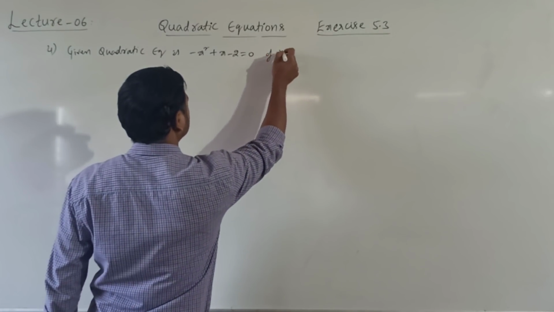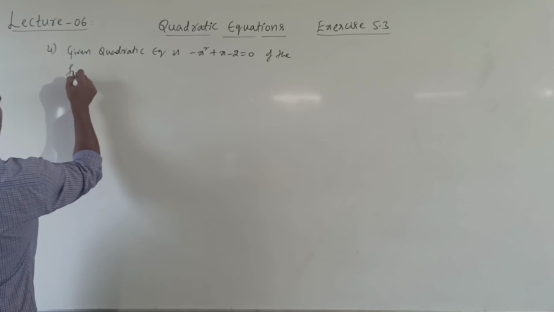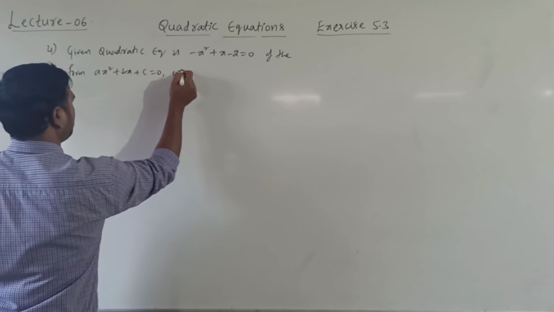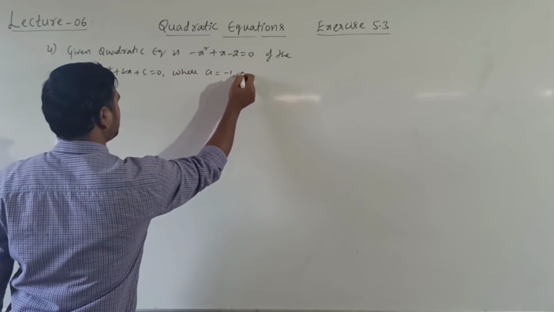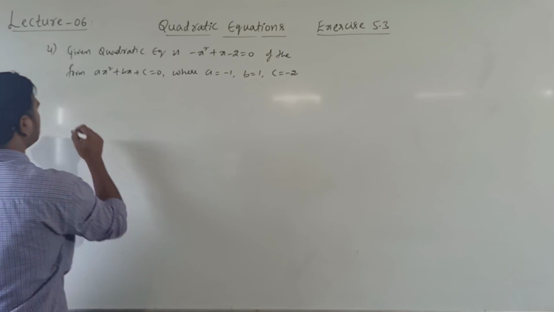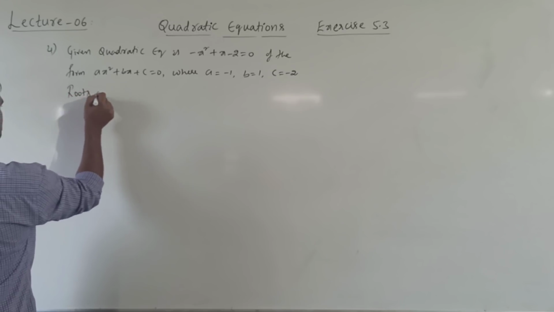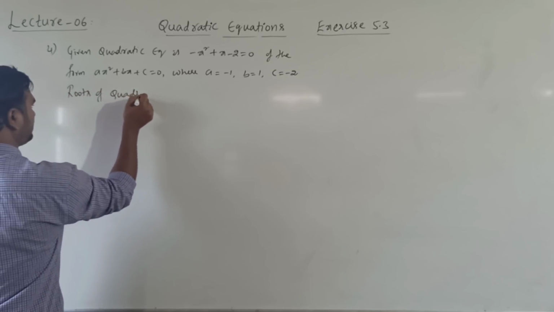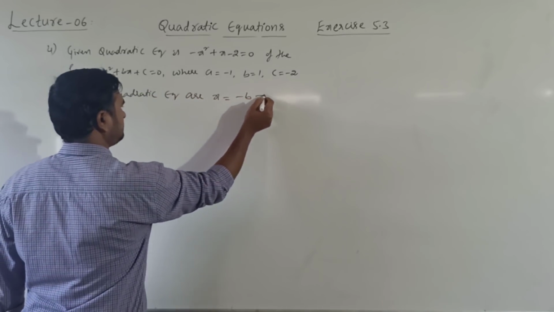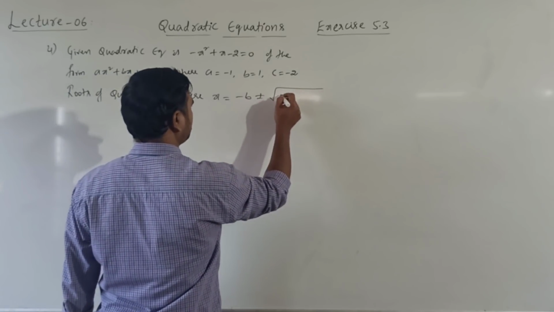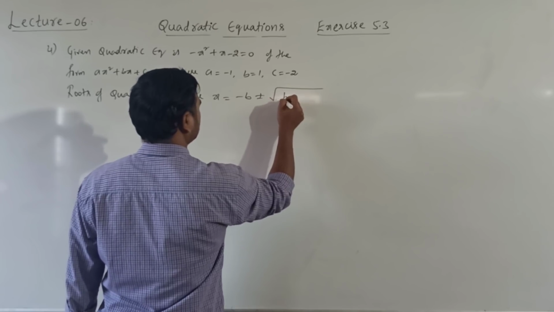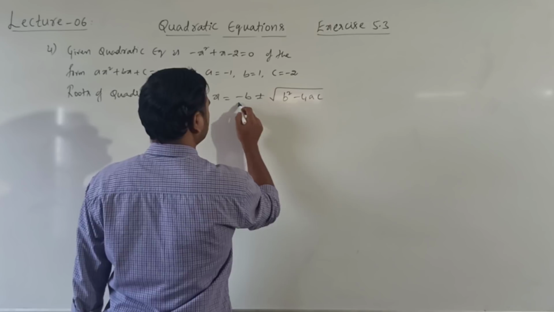So it is of the form ax square plus bx plus c equal to 0, where a is minus 1, b is 1, c is minus 2. Now roots of a quadratic equation are x equal to minus b plus or minus root of b square minus 4ac, divided by 2a.